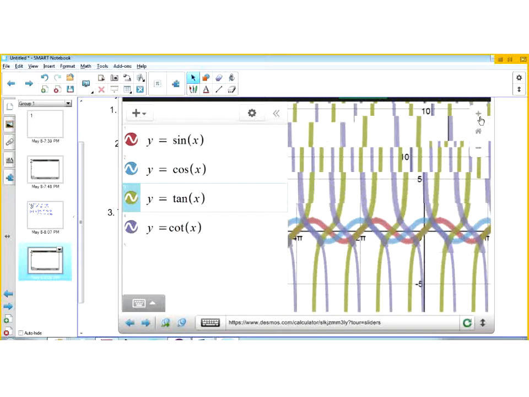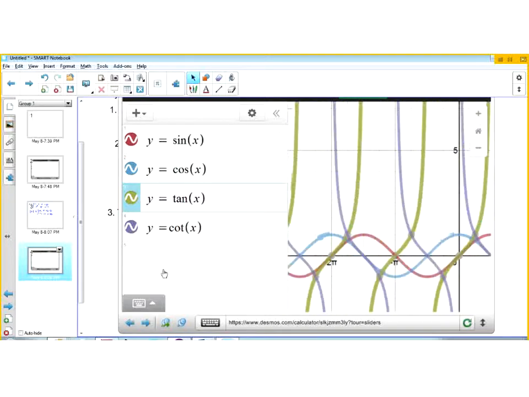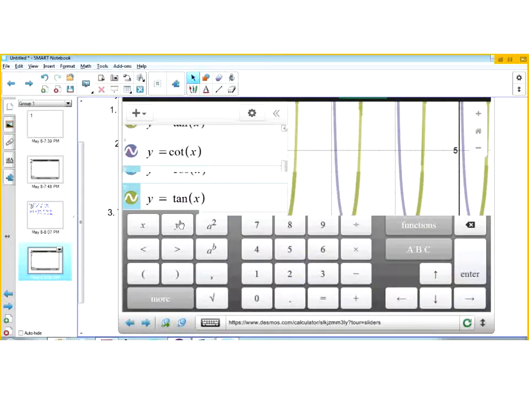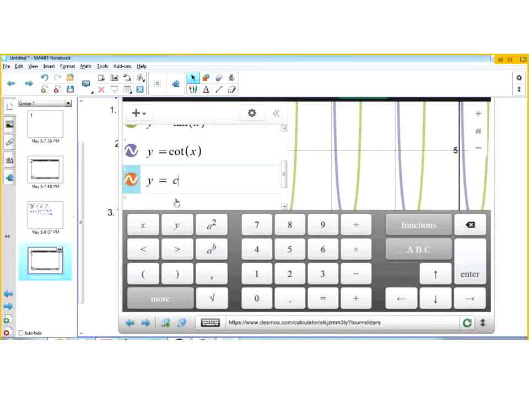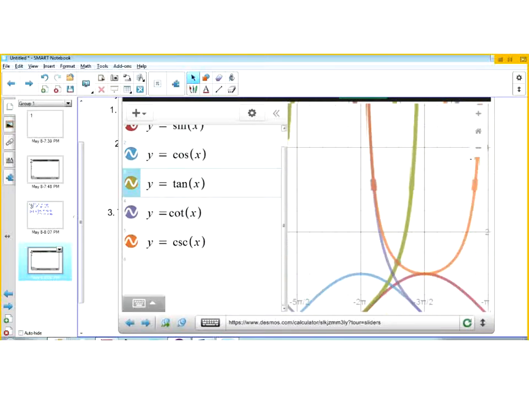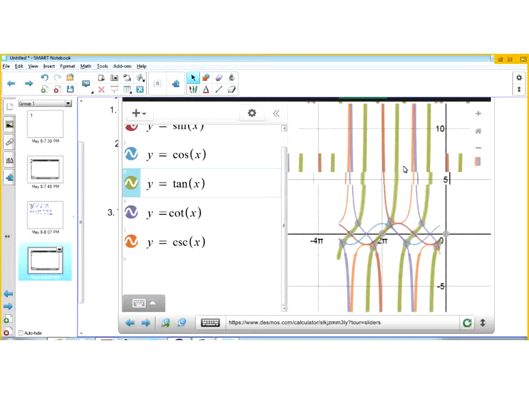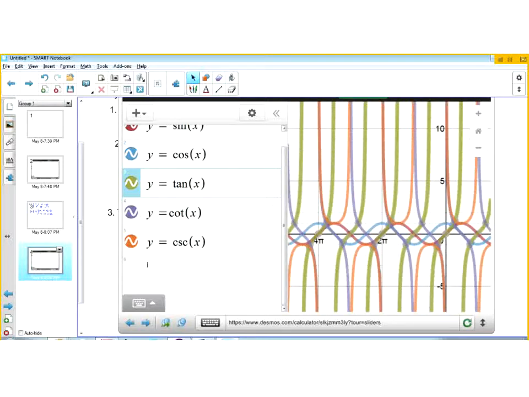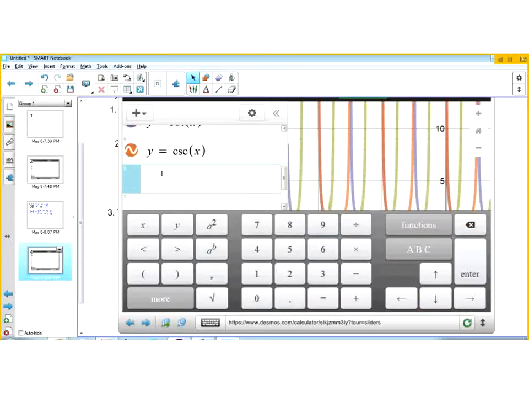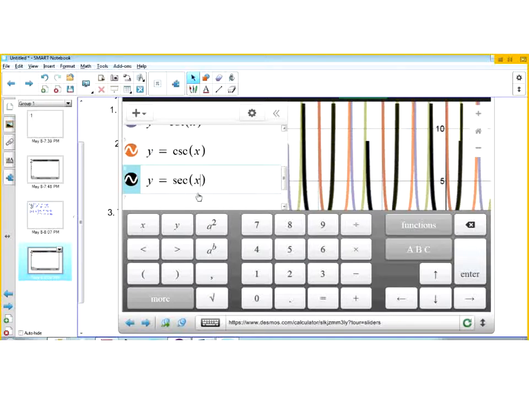Too much zooming, so zoom out some more. Then there are the other trig functions. y equals cosecant of x would be shown in orange on this graph. And then the sixth fundamental trig function would be y equals secant of x, shown in black.